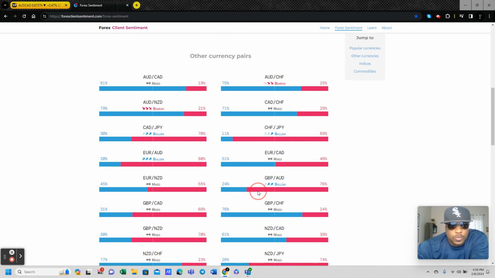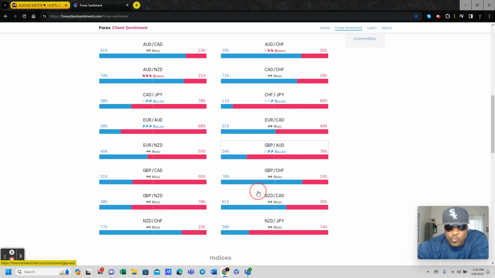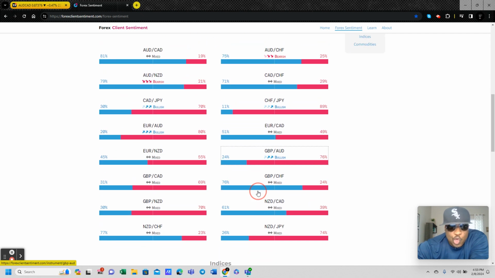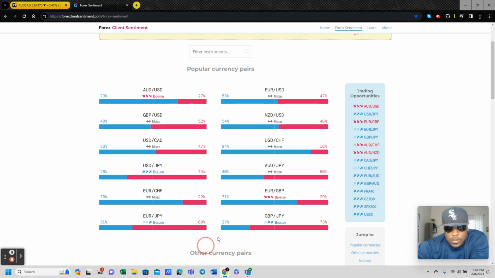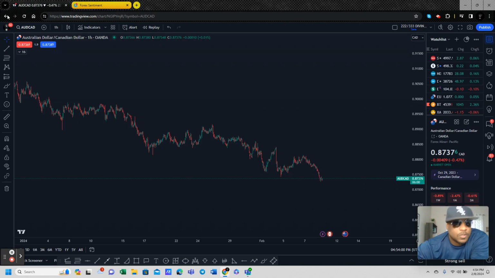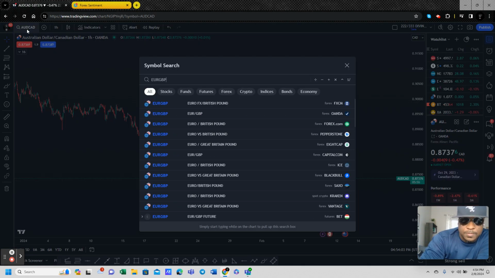Let's look at the euro, British pound. Where you at? It might be up here. Here we go. So we've got 71% that are long, and we want to go back and see euro GBP.